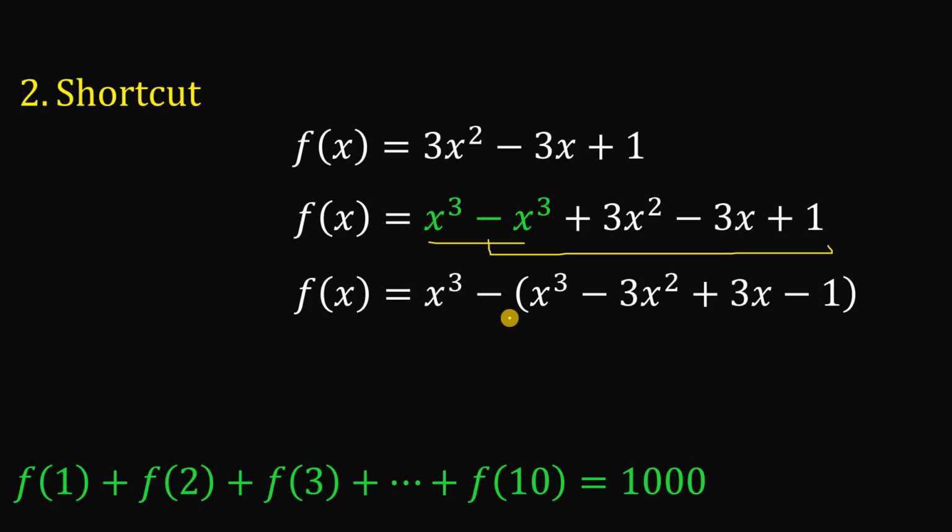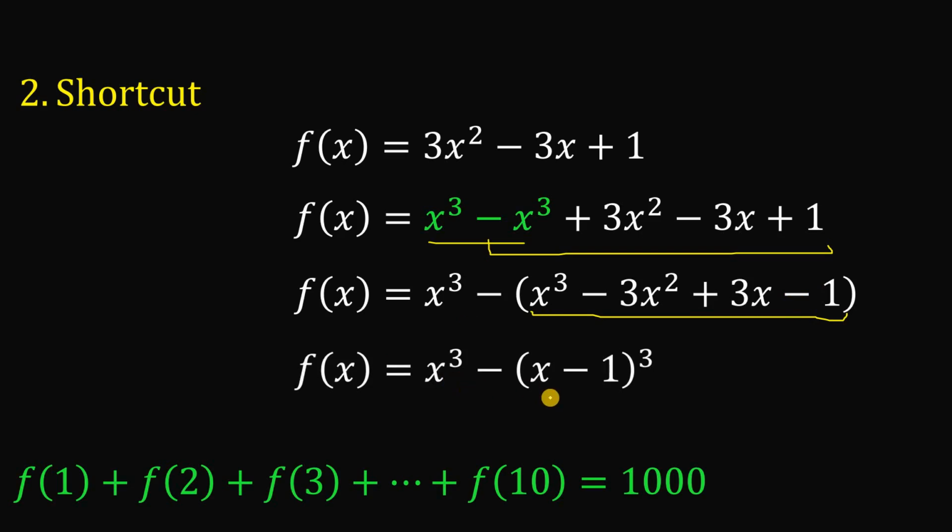This will give us x cubed minus the quantity x cubed minus 3x squared plus 3x minus 1. And this is very familiar to us because this is the expansion of x minus 1 raised to the power of 3. So we can rewrite f of x as x cubed minus x minus 1 raised to the power of 3. And technically speaking, x and x minus 1 are consecutive integers if x is an integer.